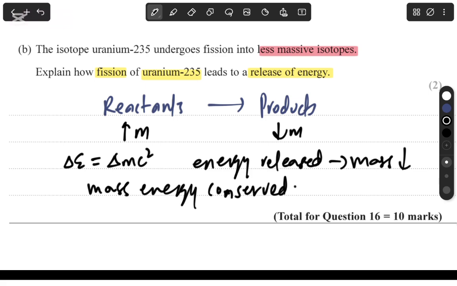That would mean the mass of the system is decreasing. If the mass of the system is decreasing, that mass that goes down is released as energy. So mass decreases, and by mass-energy conservation, we know that mass that goes down will be released as energy. That's actually going to give you 2 marks to explain this. So this is a very important point for nuclear fission and fusion, both. If they ever ask you about both of them, you're just going to write this down.